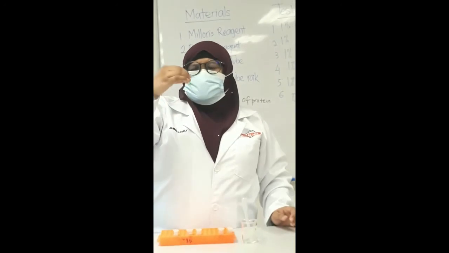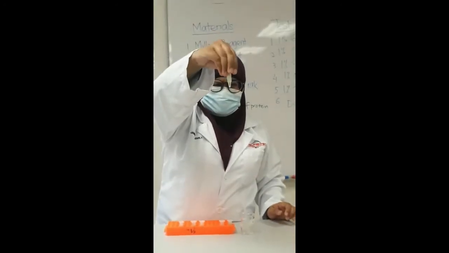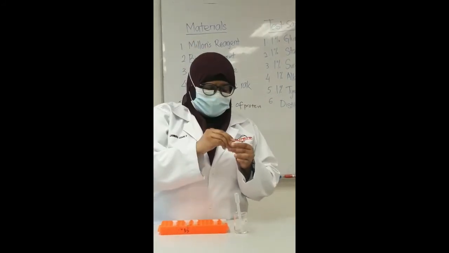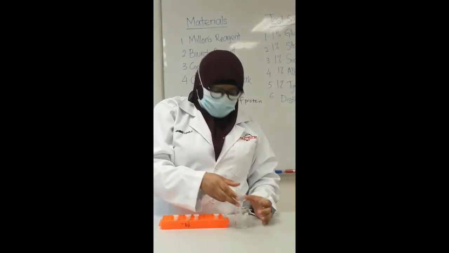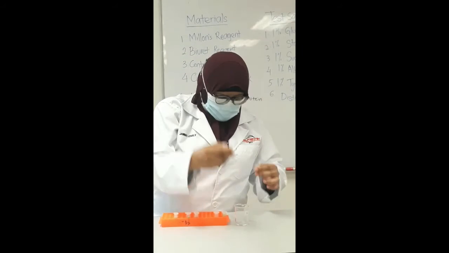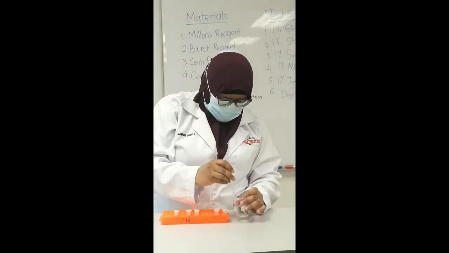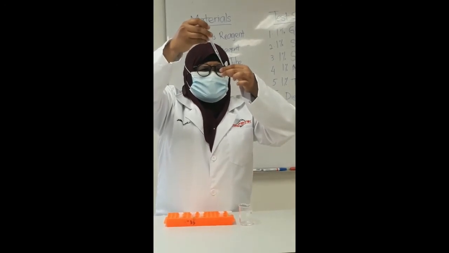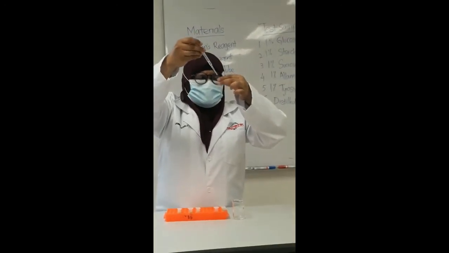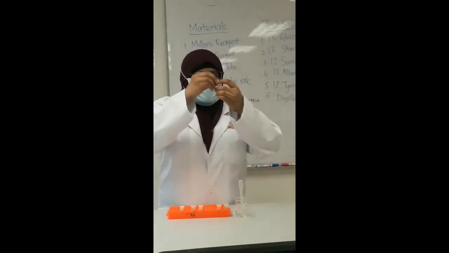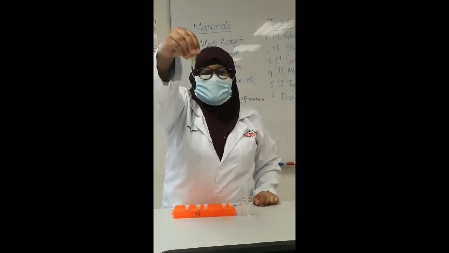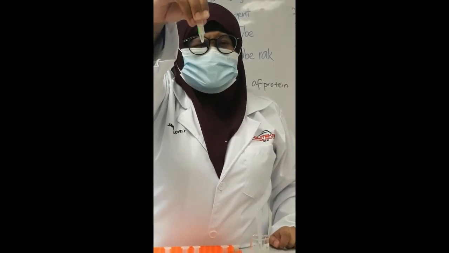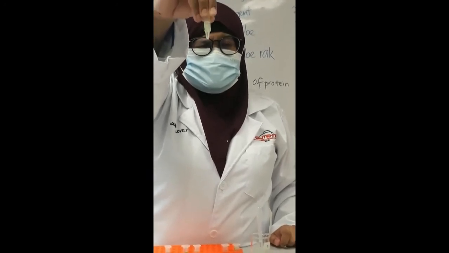Next is 1% starch. I'm going to add 2 drops of Millon's reagent. This is the result after adding 2 drops of Millon's reagent into 1% starch.